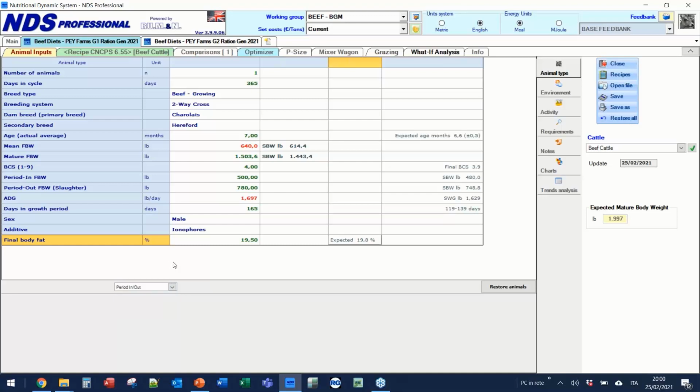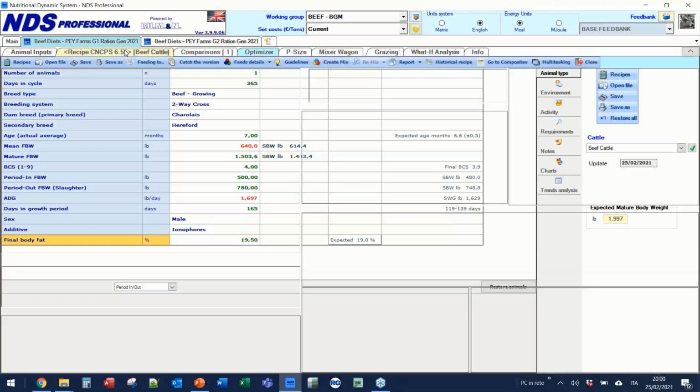In this way, we can describe different groups of animals during the whole cycle of growth: the growing, beginning of the growing period, ending of the growth period, finishing period, based on the period in, period out. Of course, if these groups are receiving different diets.